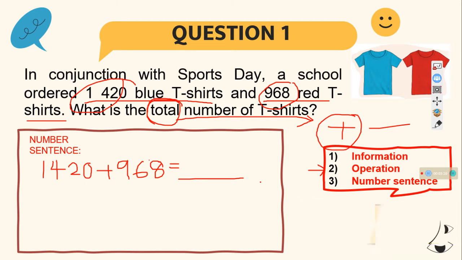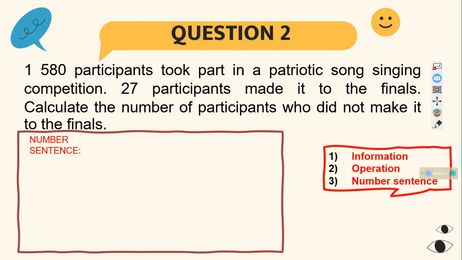So question 2. 1,580 participants took part in a patriotic song singing competition. 27 participants made it to the finals. Calculate the number of participants who did not make it to the finals. The first one is information.